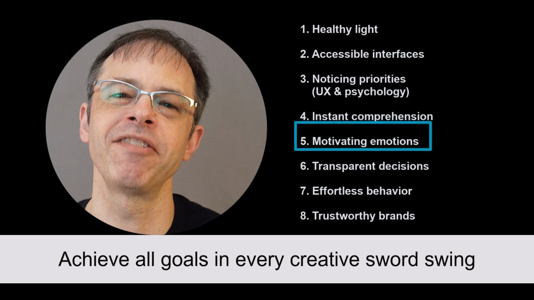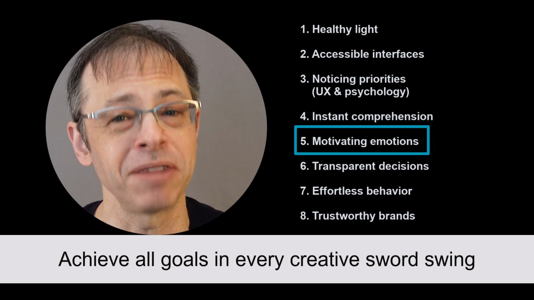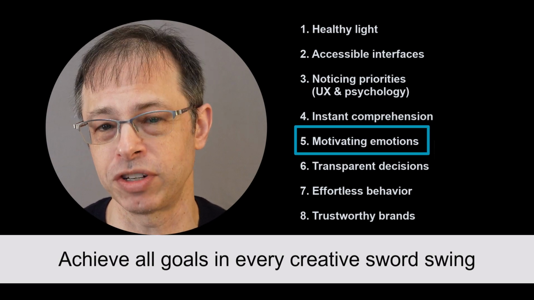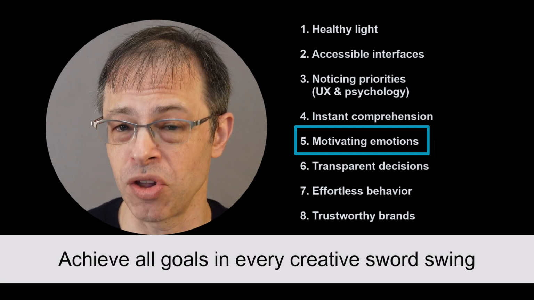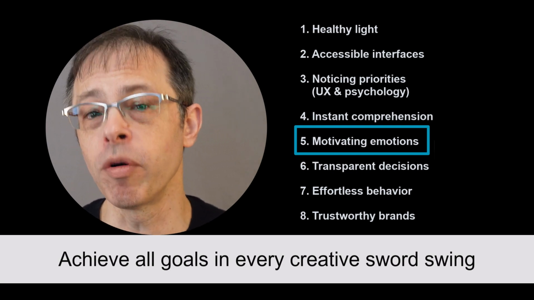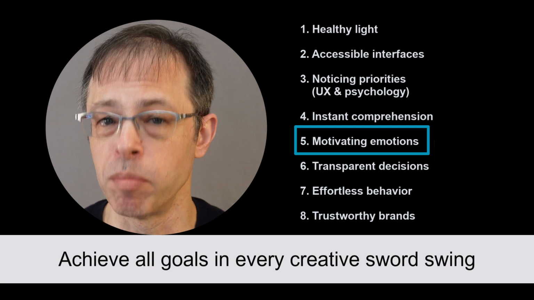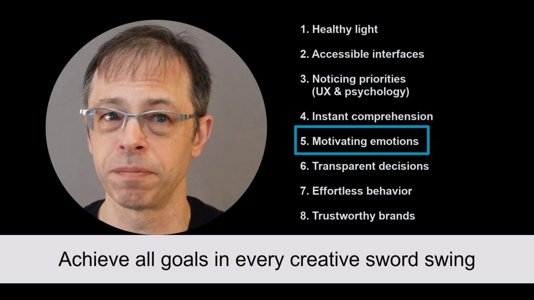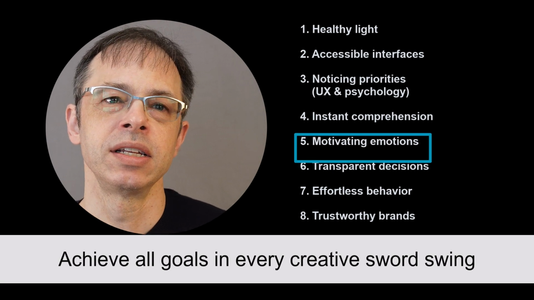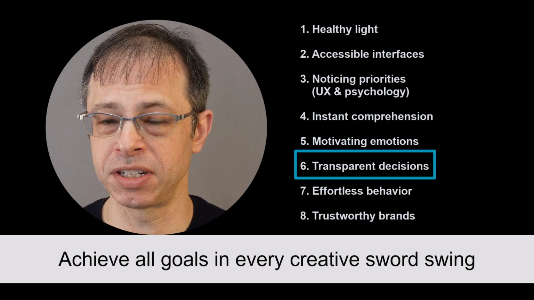Number 5, motivating emotion. So this is a subject that most people will be interested in. There's actually quite a lot on emotion and color, so we'll actually be spending 3 full modules just on this subject alone. 6, transparent decisions.